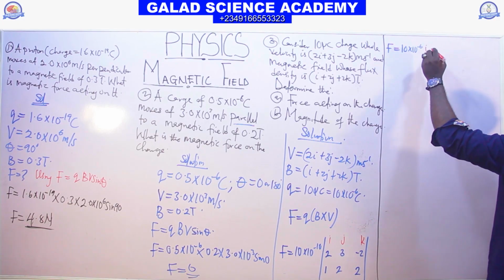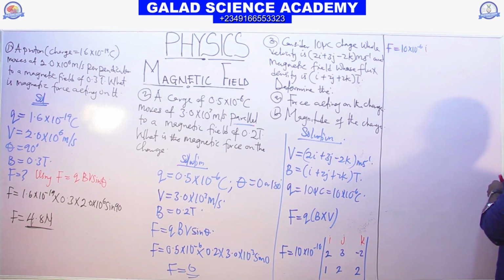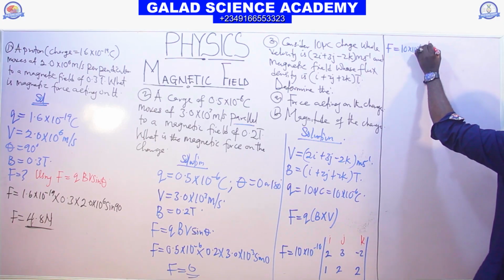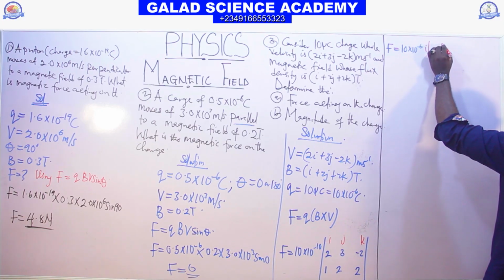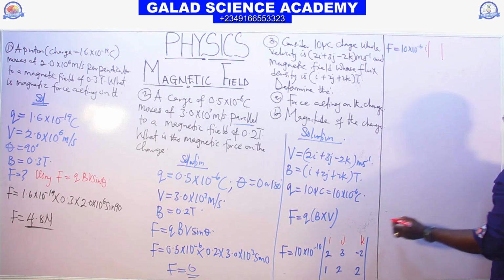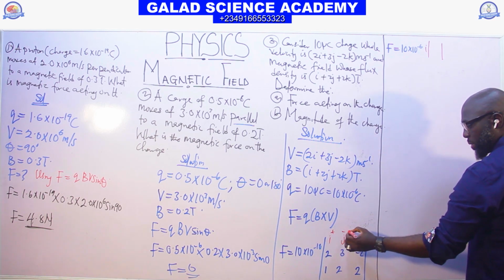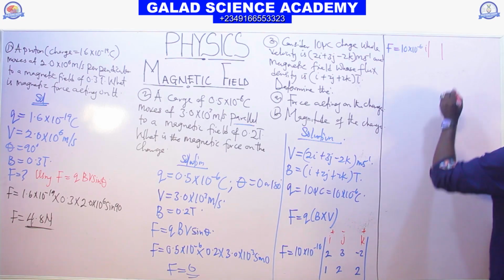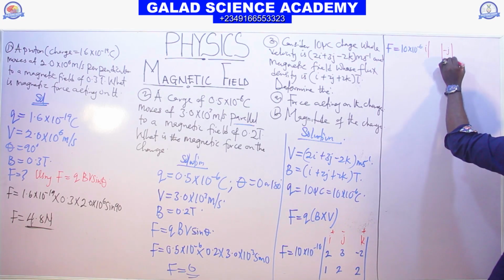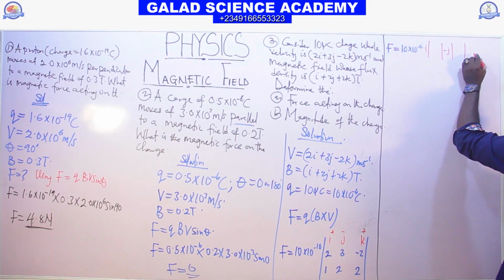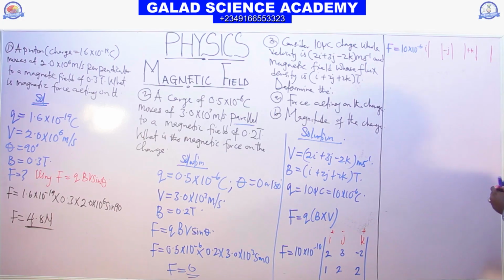i into this, then plus, minus, plus: minus j into this, then plus k into this. So if you are doing that, take i out.